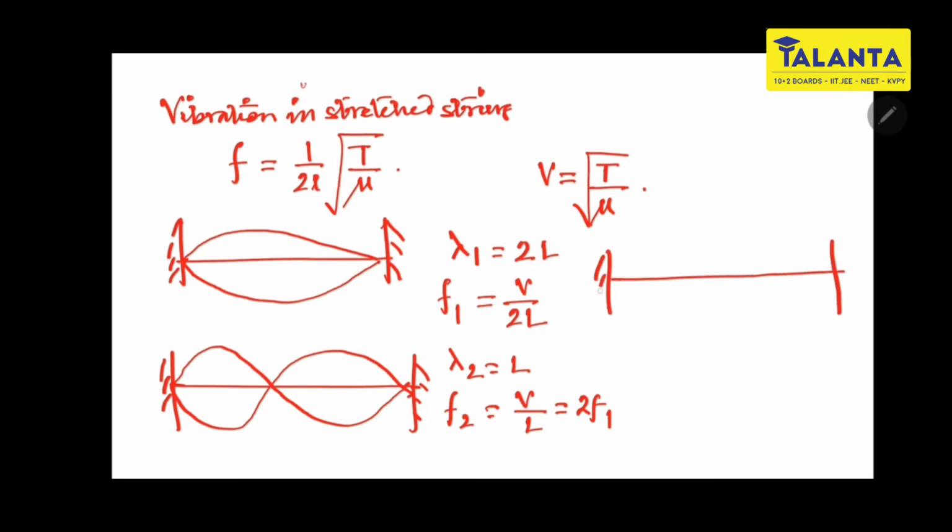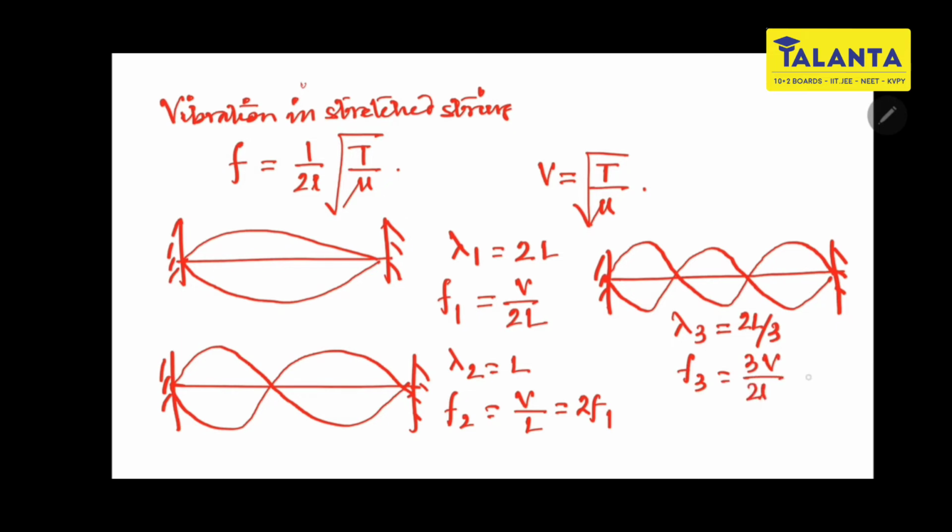And in the next case, this is the third mode of frequency. Here lambda 3 equals 2L by 3. That means F3 equals 3V by 2L, that is 3F1. This is the third harmonic or second overtone.